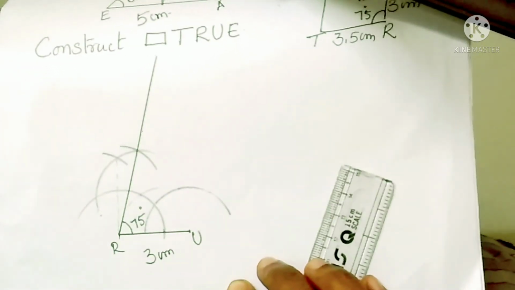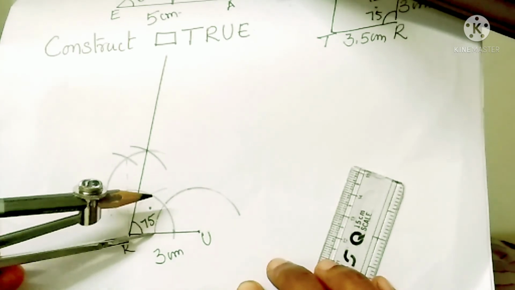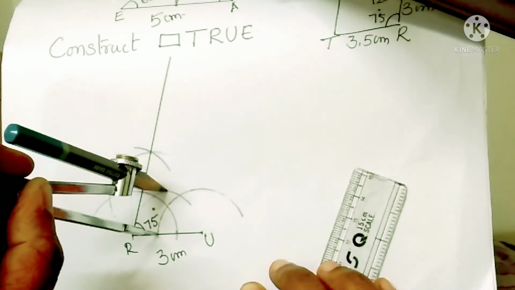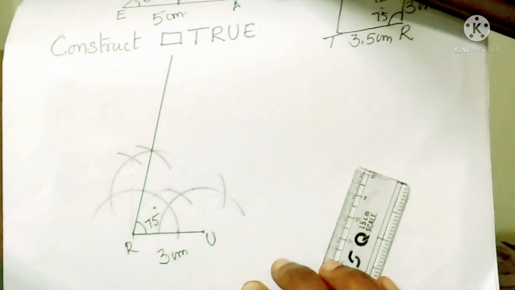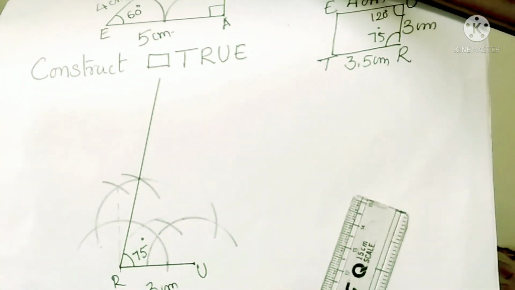Okay. Once you drew the arc, wherever the arc met, take the same distance and cut once. From that point, you cut again. So you get 120 degree.